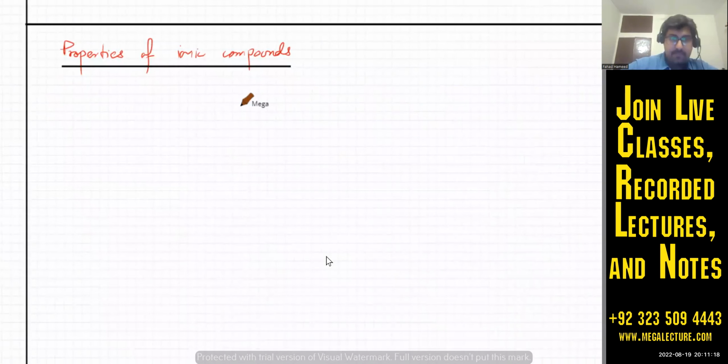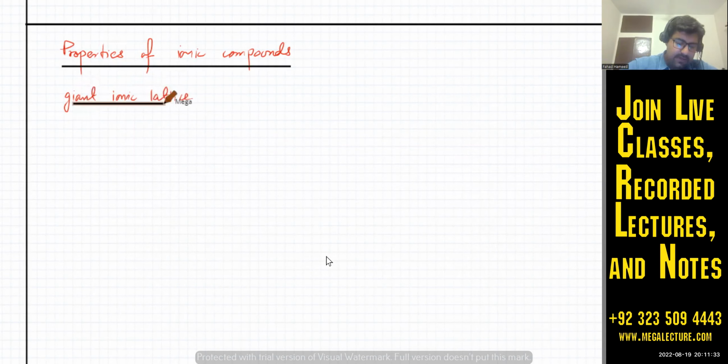First thing, ionic compounds have ions and they form a giant ionic lattice. तो ये जल्दी से कर लेते हैं. It's all O levels. They've got a giant ionic lattice. That's their structure.